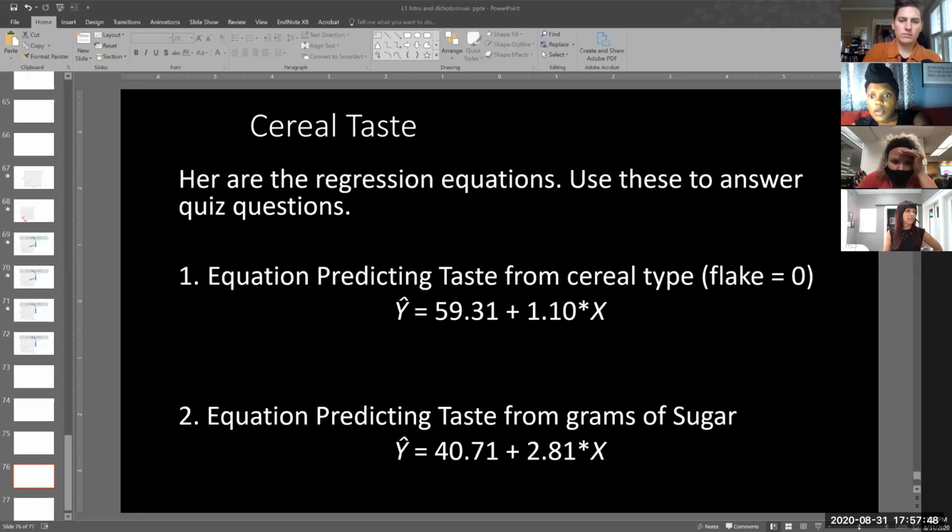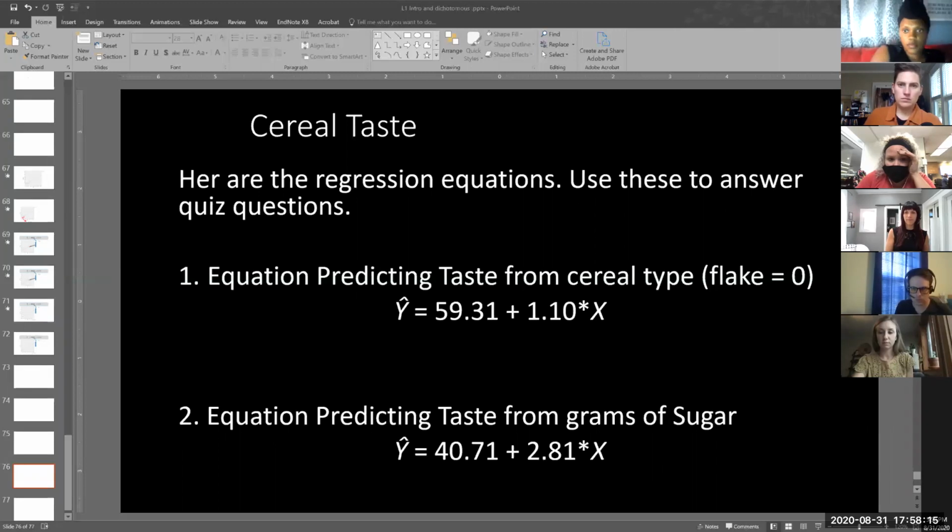Slope value is 2.81. The intercept for equation.